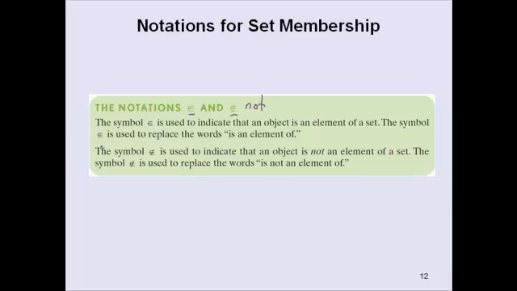The symbol epsilon is used to replace the words is an element of, right? So that's the shorthand for the epsilon. And the symbol not epsilon is used to indicate that an object is not an element of a set, and it replaces the words is not an element of. So this belongs and this does not belong.